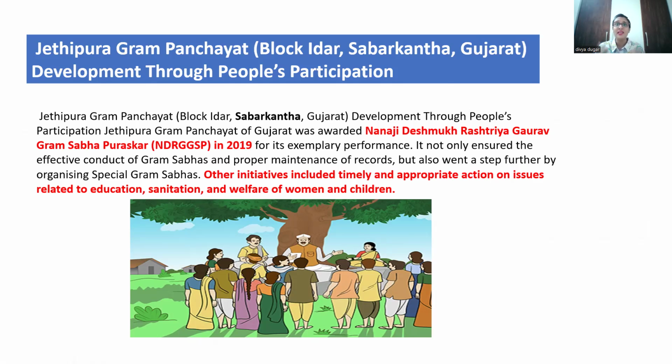Students, you might be thinking what they have done. They not only ensured the effective conduct of Gram Sabha and proper maintenance of records, but they also took a step further by organizing special Gram Sabhas where they took appropriate action on issues related to education, sanitation, and welfare of women and children.